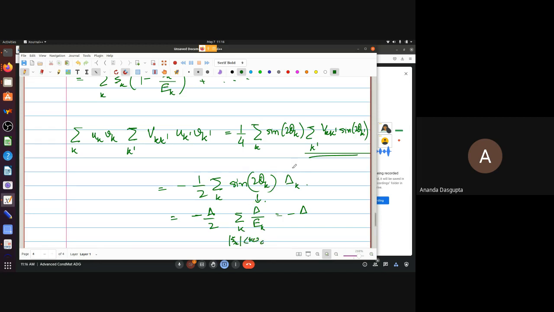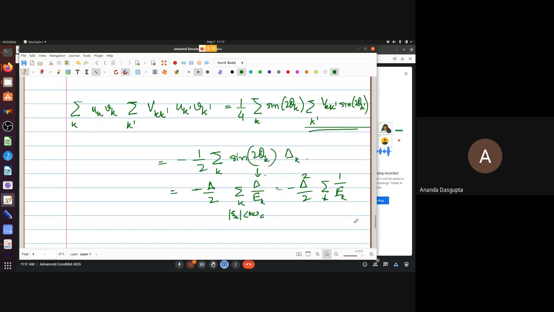Because beyond that the delta k will vanish, so there will be nothing in this sum. So we get minus delta squared by 2 times the sum over k of 1 over E k. But does anybody remember what this quantity is, the sum over k of 1 over E k over this mod xi k less than h bar omega c region?